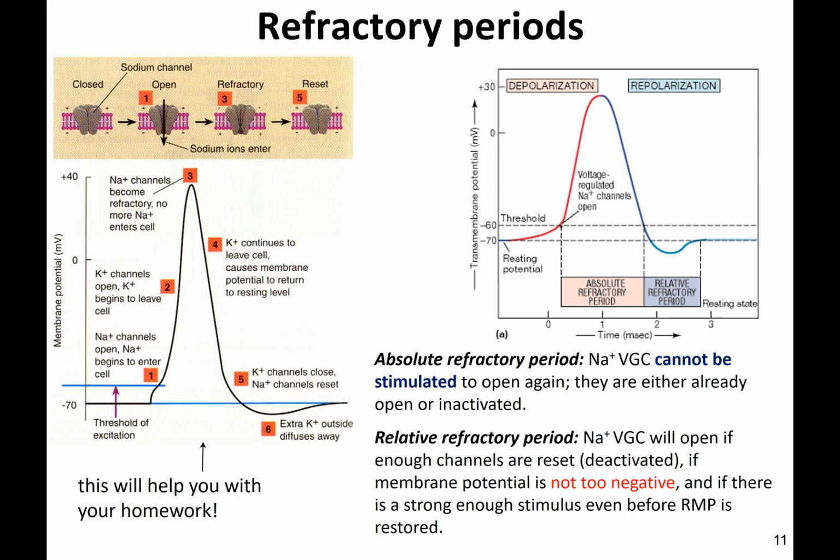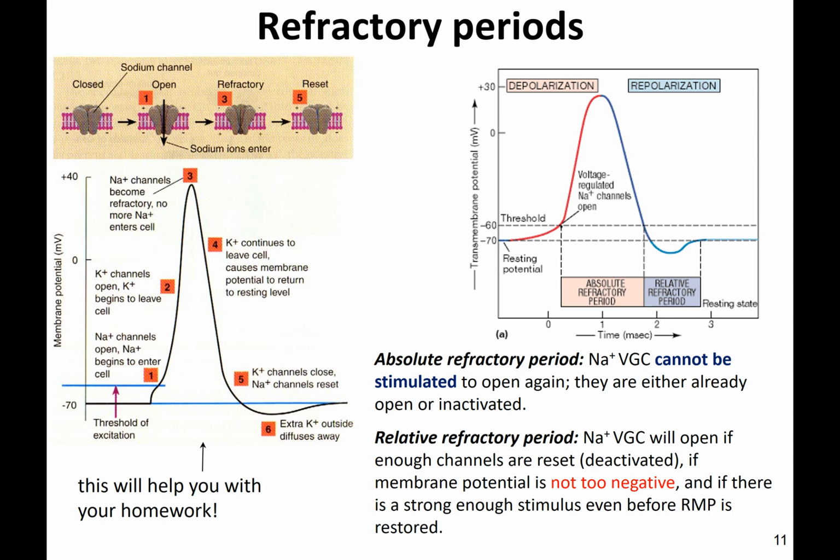So you've heard of some men talking about their ball and chain, meaning their wife, right? Well, that's how gated channels behave too. They have a ball and chain. And this ball and chain, the chain part, is really a long extension of amino acids. And the ball part, the thumb, if you will, is really a cluster of amino acids that blocks the channel.